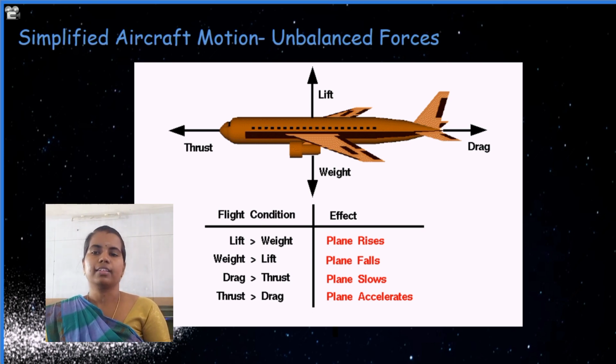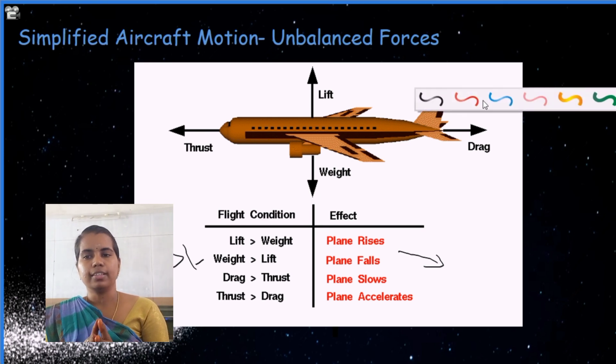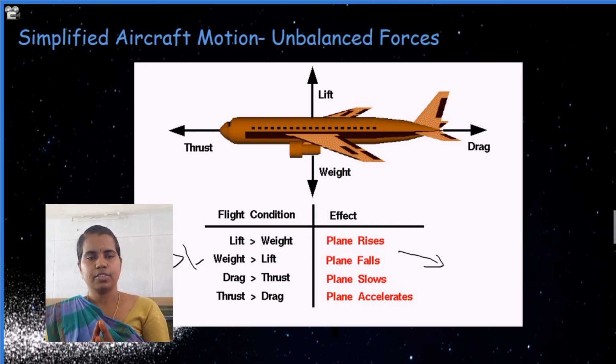Here, if the drag increases more than the thrust, the plane will slow down. Drag, as we know, is the opposite force of thrust. So when the drag increases more than the thrust, the plane slows down. Next is thrust and drag.